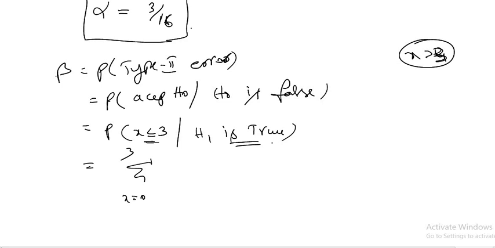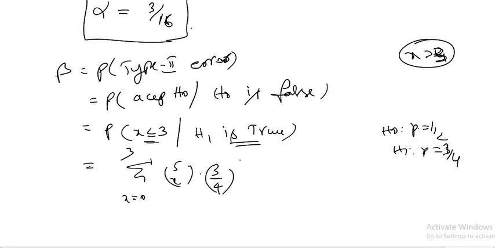H1 is true. H1 true means H0 is p equals 1/2, and what is p under H1? 3/4. Right. 5Cx p^x, with p as 3/4, into (1 minus p)^(5 minus x).